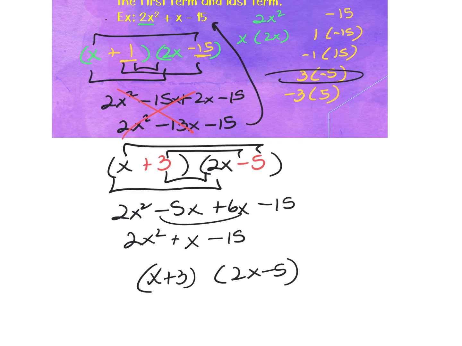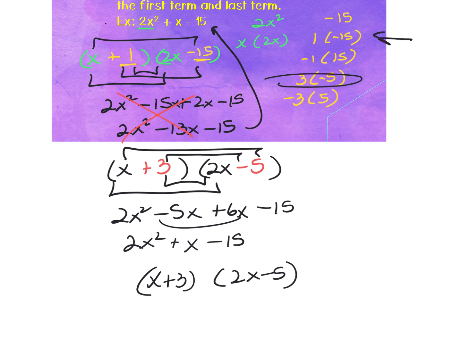So once I saw that this combination was giving me a kind of a bigger number, that's when I decided, let me switch. Now, if you would have placed maybe the negative 5 here and the positive 3 here, that would not have worked. So this is why if you're going to use the trial and error method, you have to FOIL to check.